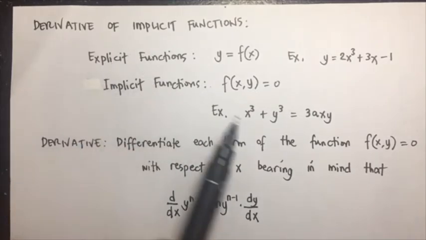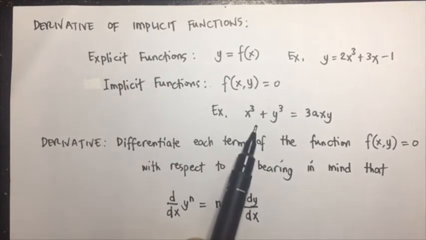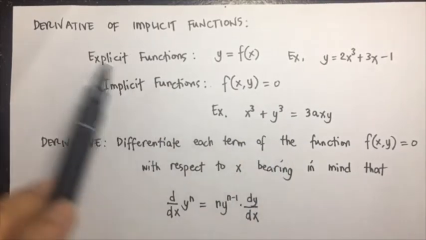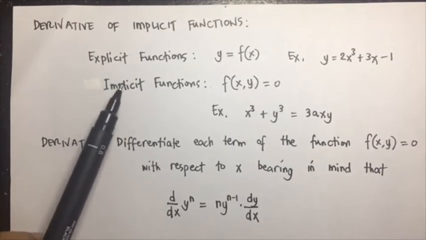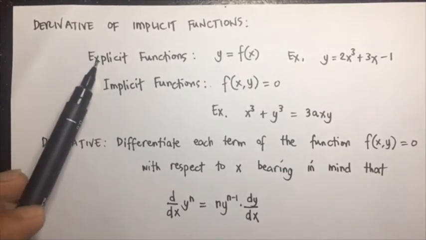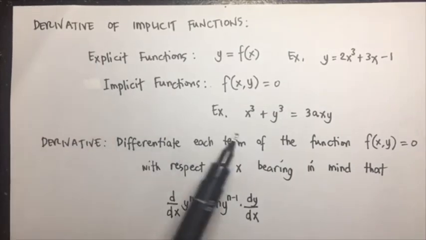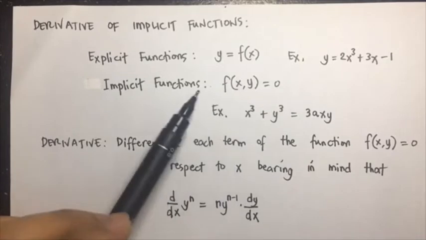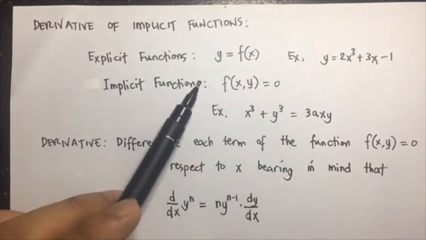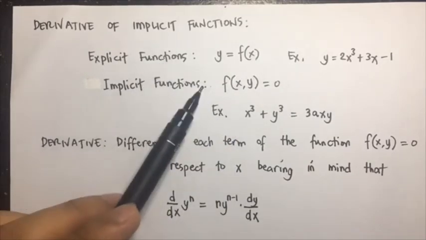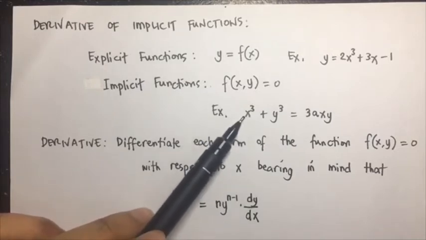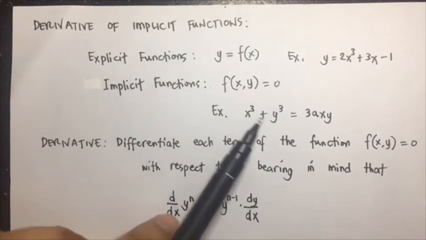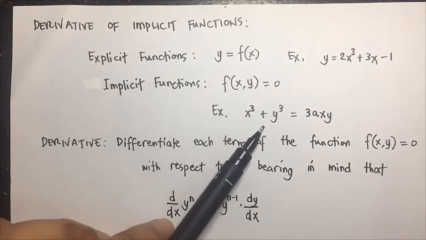So in taking its derivative, we don't convert it anymore to the explicit form, because again, some functions are very difficult to convert. If not difficult, it's impossible or nearly impossible for us to express y in terms of x.